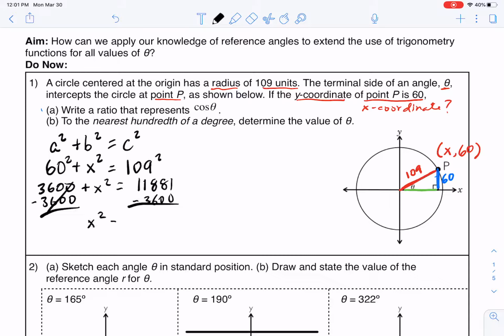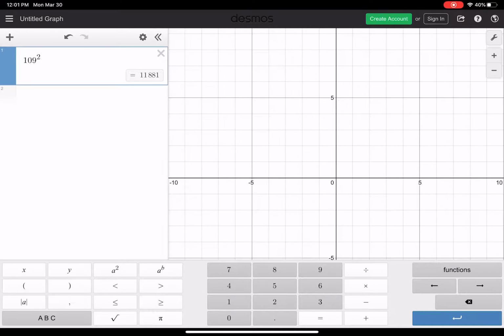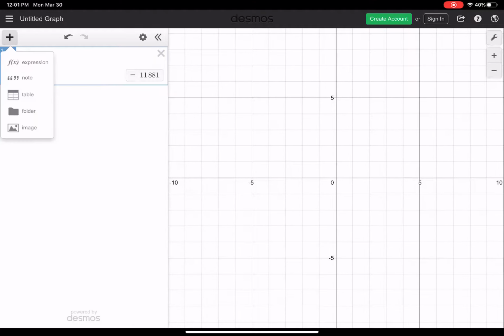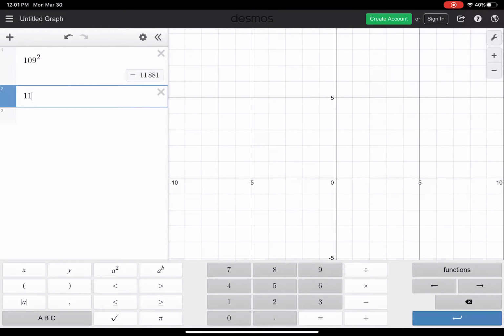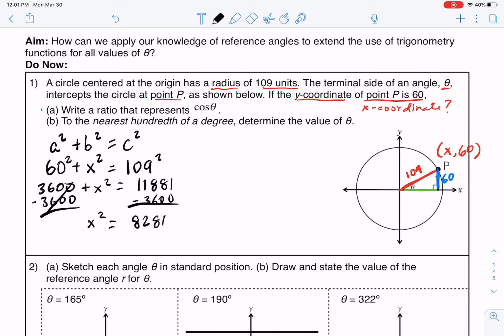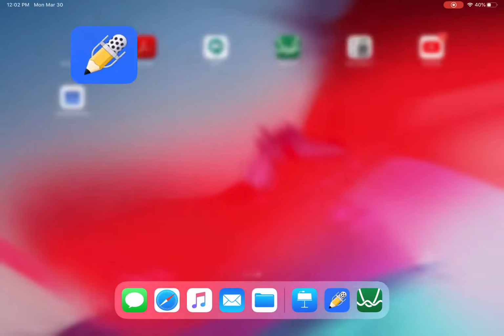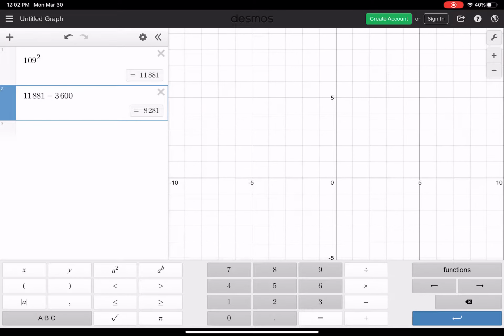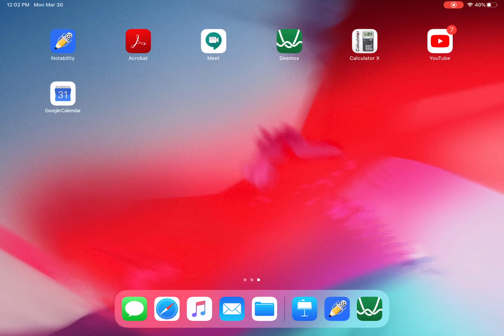I'll get x squared equals 11,881 minus 3,600, so 8281, and now I need to find the square root of that to get x. All right, we have 91 is equal to x.